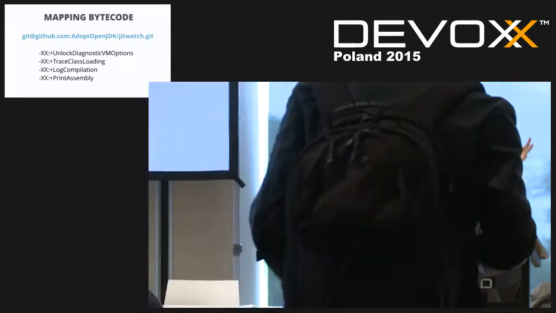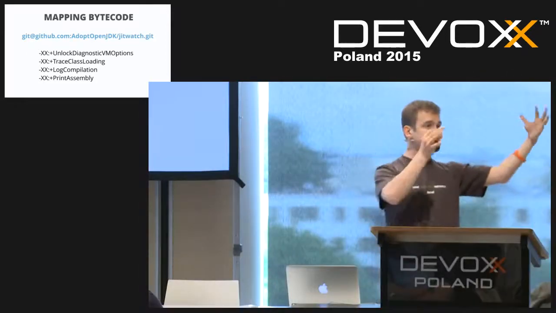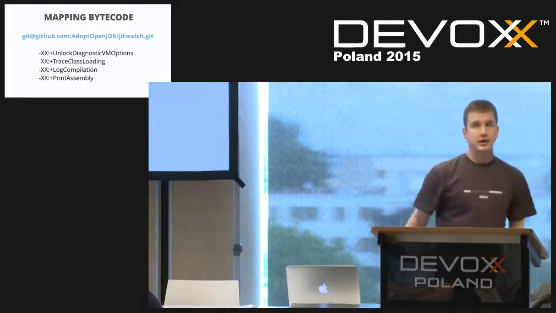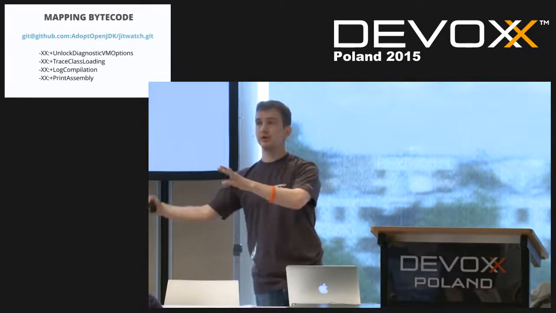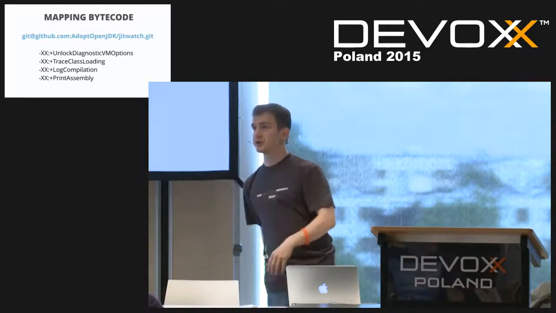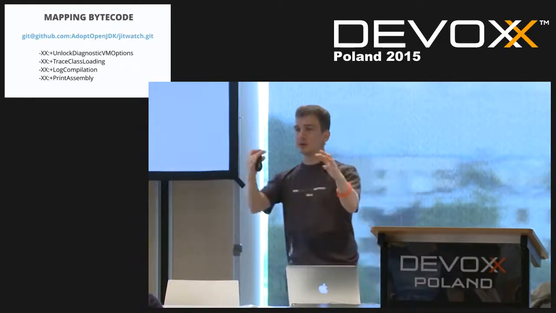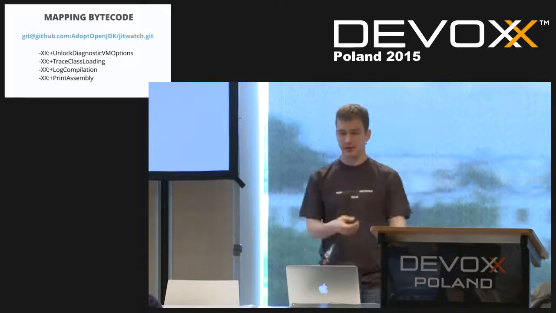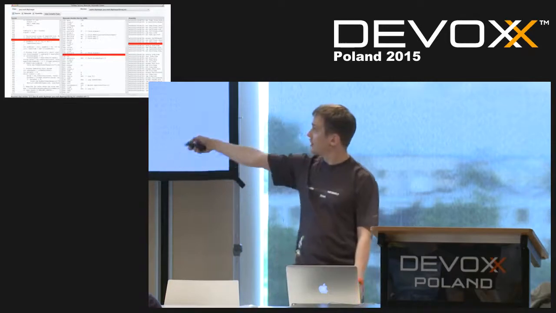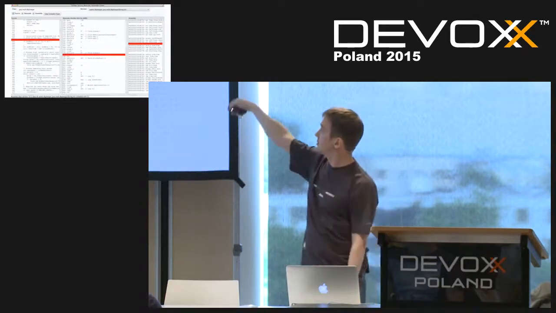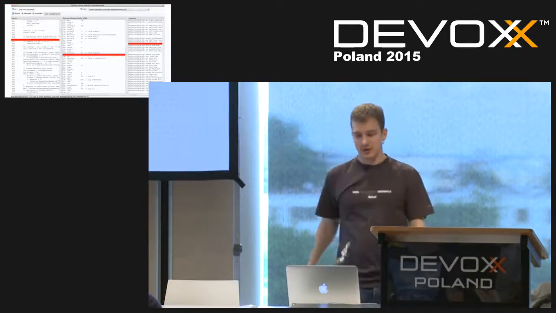But if you do everything correctly, it can map your Java source code into the corresponding bytecode, and into the corresponding machine code that was generated by the just-in-time compiler. So not only will you have the mapping to the source code on the left, but you will see the exact instructions and what the machine code is.